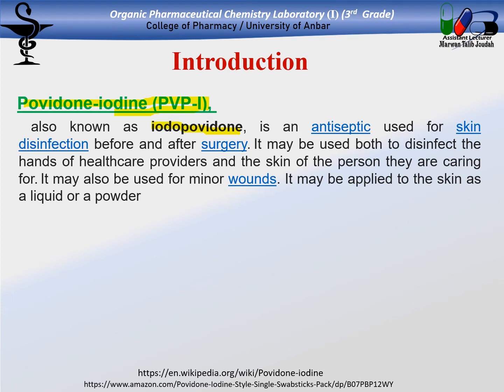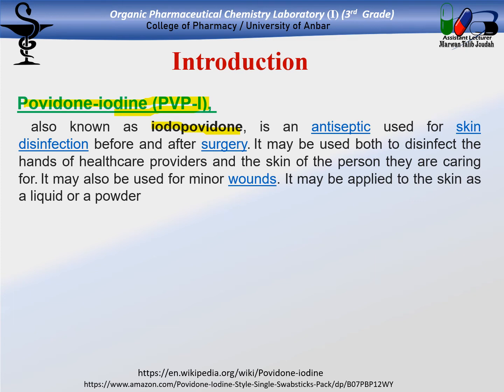Some people, when they go through a surgery, want to avoid getting infected by any kind of disease or viruses, so they use iodopovidone as one of the medications in order to avoid getting any bacteria or viruses into their incision.